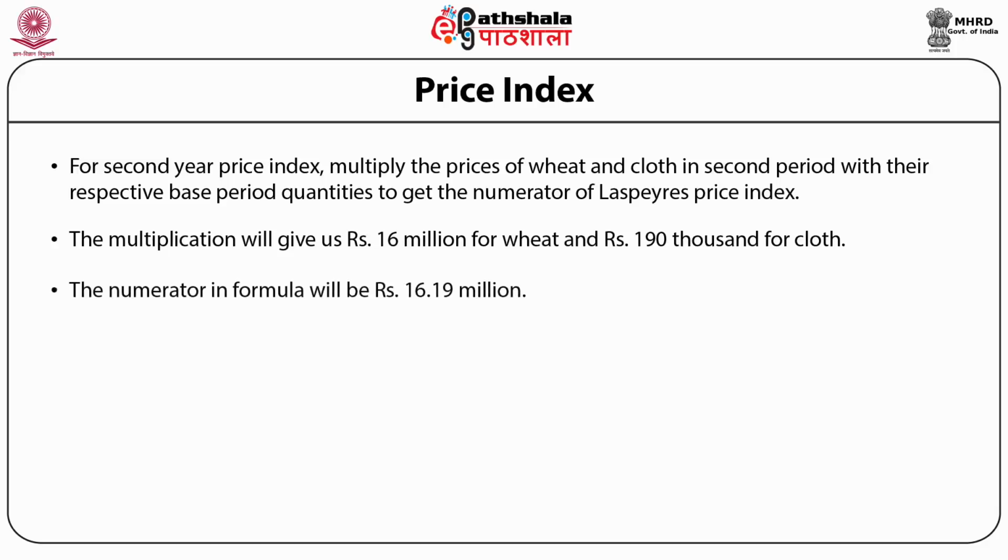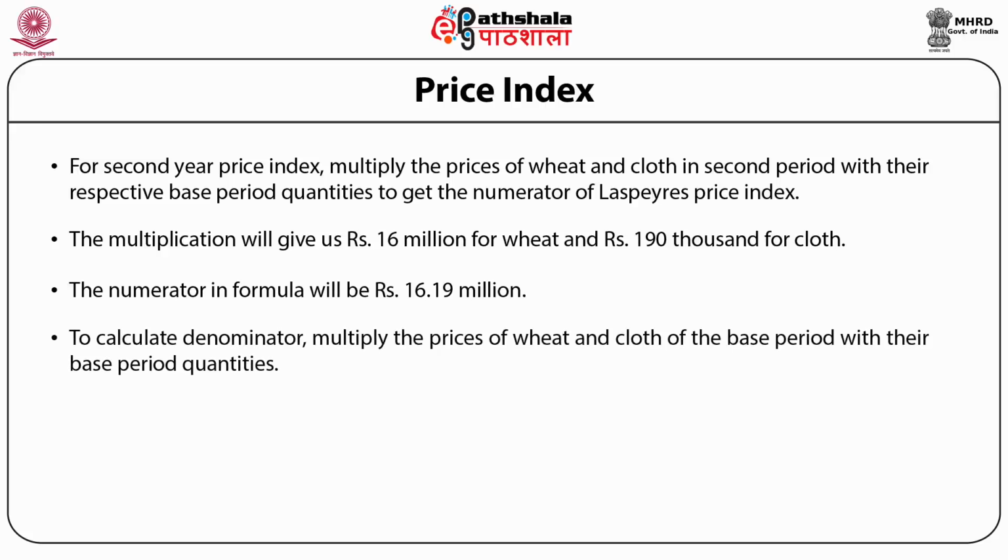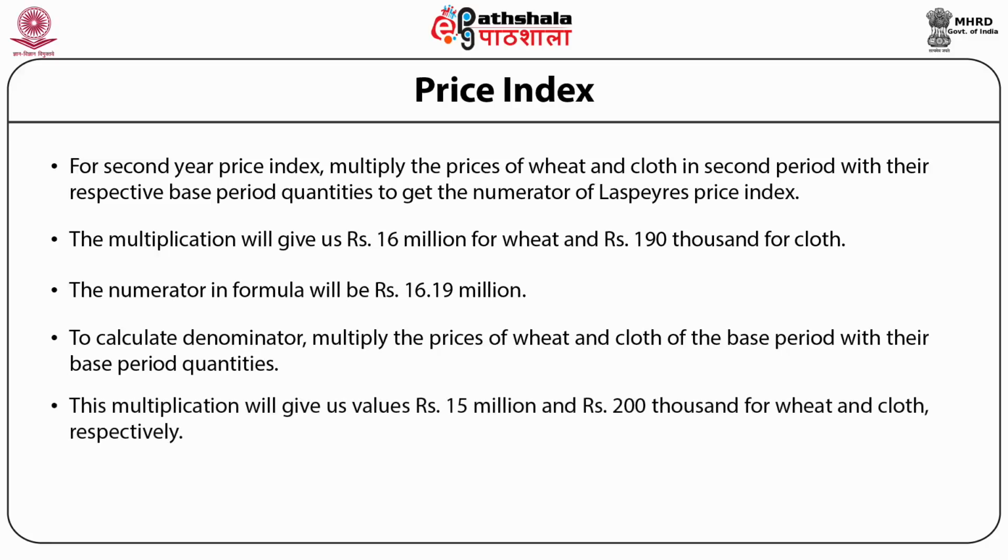Thus, the numerator in the formula will be rupees 16.19 million. To calculate the denominator, multiply the price of wheat and cloth of the base period with their base period quantities. This multiplication will give us rupees 15 million and rupees 200,000 for wheat and cloth respectively.